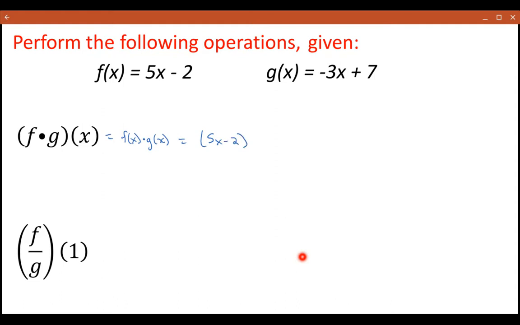And then you can write the multiplication sign there if you want to, but in general, at this point in math, you just write parentheses instead of writing that sign. So you would just write it as parentheses negative 3x plus 7, and given that there's no sign there, those parentheses mean multiplication.